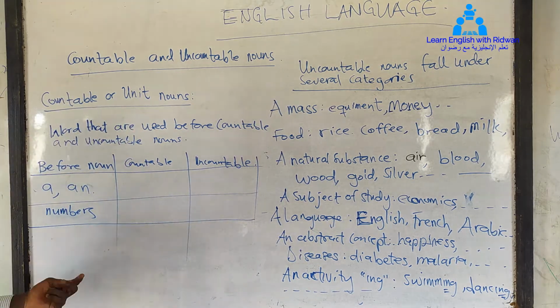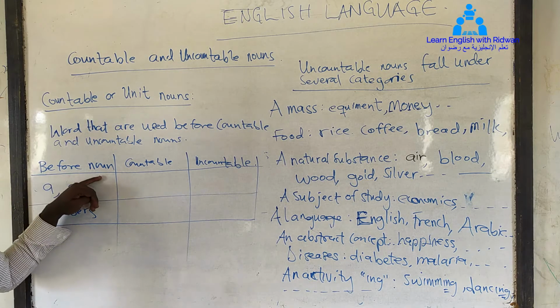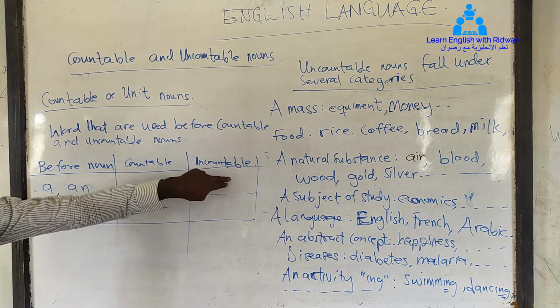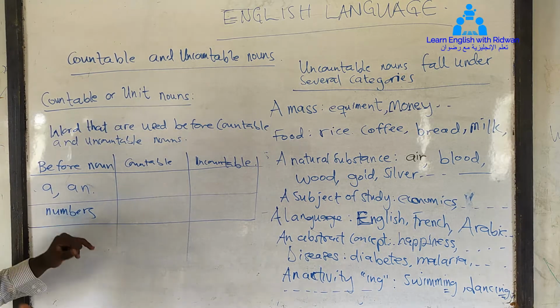Now, so the question here is, what are the words we can use before the noun as to whether it's a countable or uncountable nouns? Can we use indefinite articles? Can we use numbers before those what?